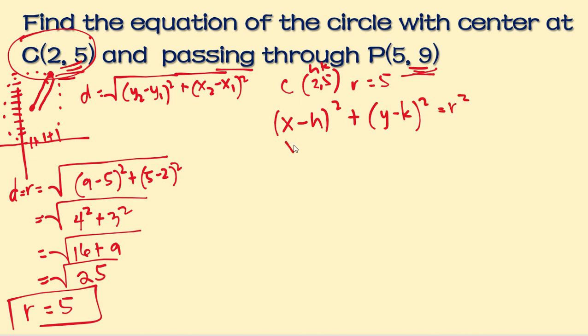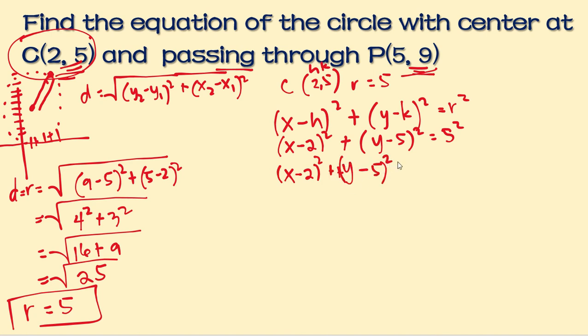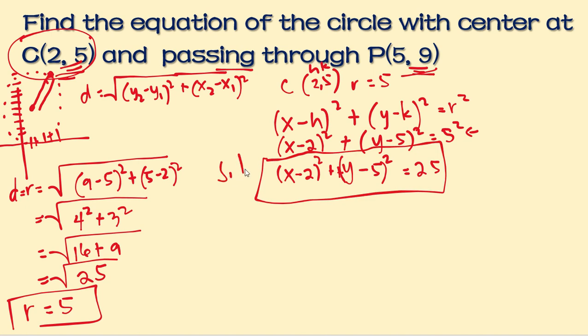Substitute lang natin, we have x minus 2 squared. Bakit minus? Kasi nasa formula minus, plus y minus 5 squared is equal to 5 squared. Finally, we have x minus 2 squared plus y minus 5 squared equals 25. So, simplify ko na yung 5 squared into 25. Okay, so this is your standard form.